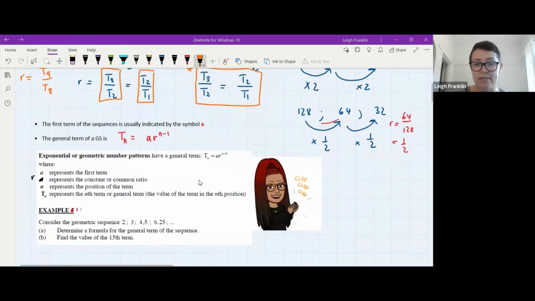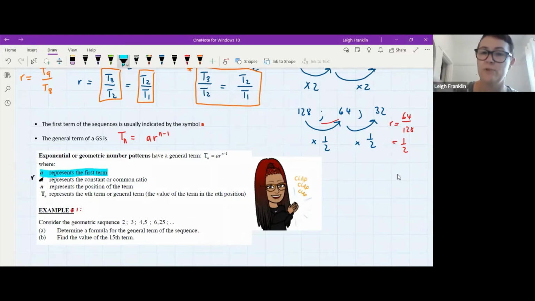Like with arithmetic series and sequences, the first term of the series or sequence is also the letter A, and the general term of a geometric or exponential number pattern is given by the formula Tn equals A R to the n minus 1. Like with an arithmetic sequence, A represents the first term.